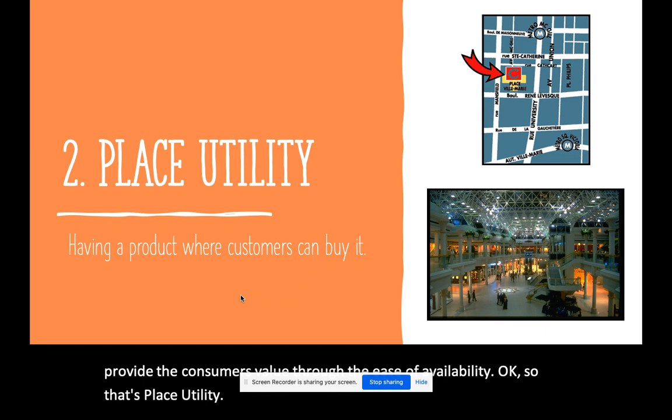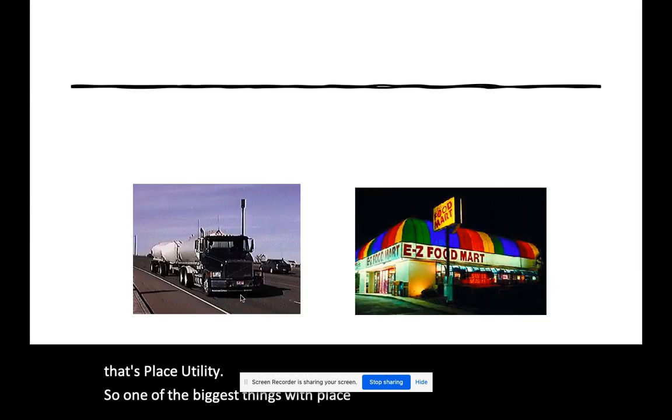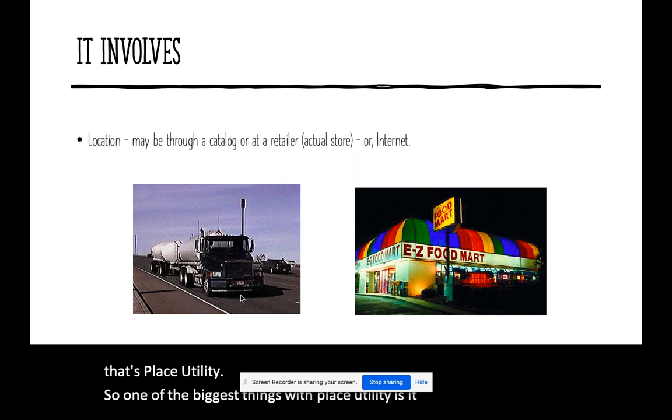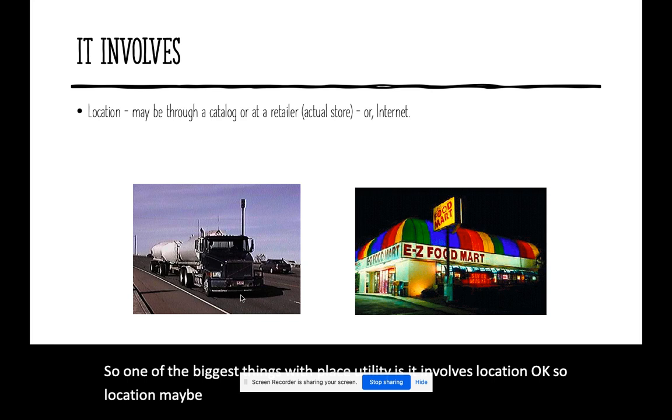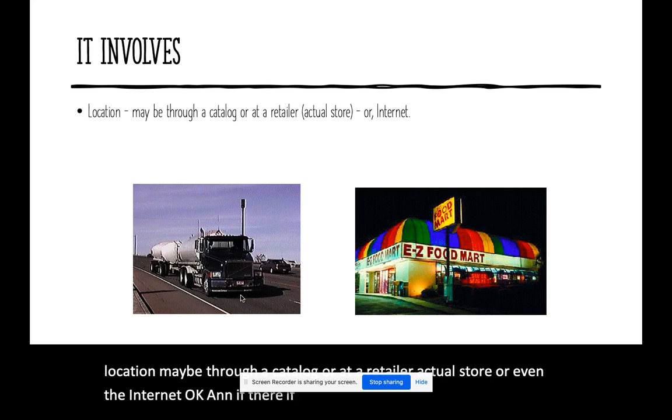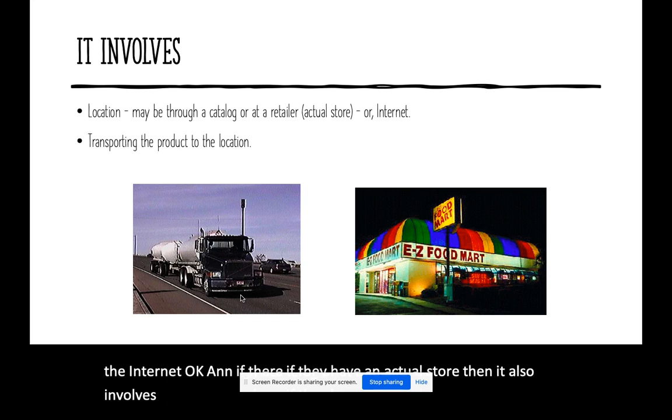One of the biggest things with place utility is it involves location. Location may be through a catalog or at a retailer, an actual store, or even the internet. And if they have an actual store, then it also involves transporting the product to the location.